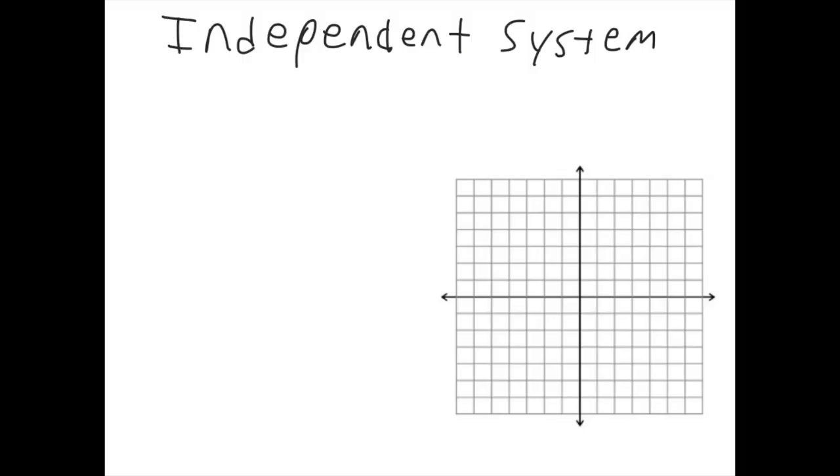Alright, so there are three types of systems of equations, and each have their different kinds of properties. First, an independent system has one solution.